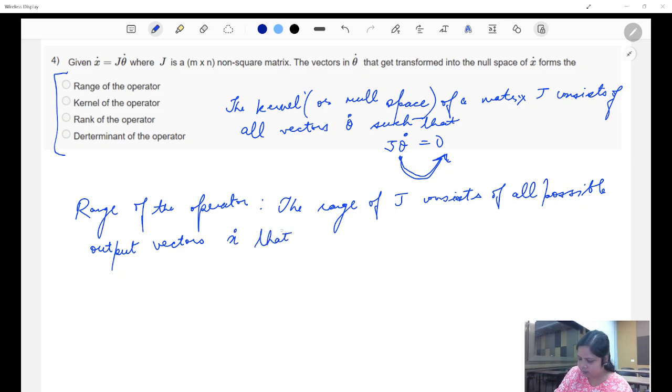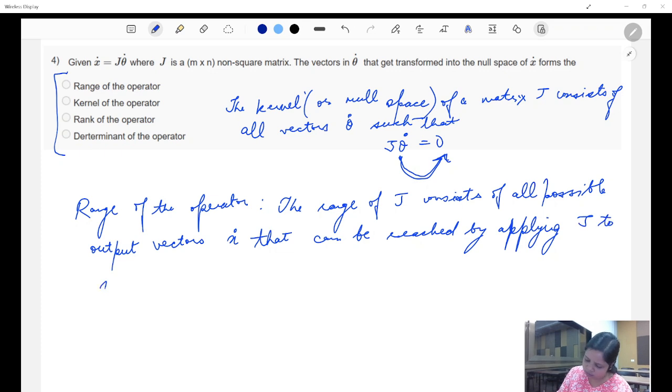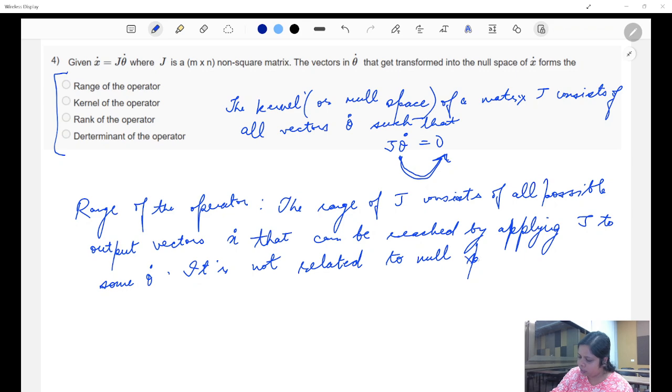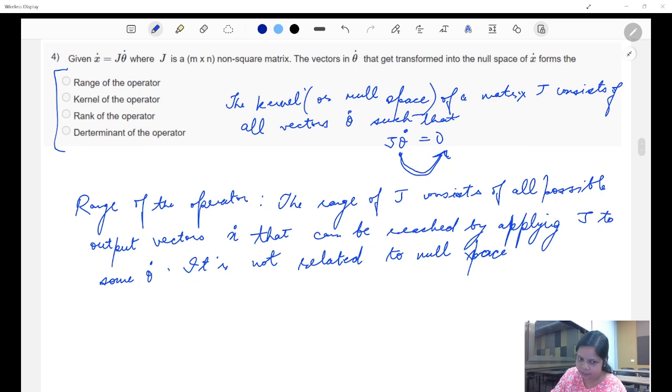That can be reached by applying J to some theta dot. So it is not related to null space. I hope that is clear. You are going to get some output, and it is just a mapping from input to output. It's not related to range.